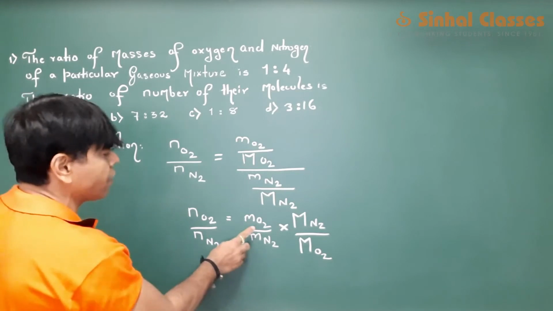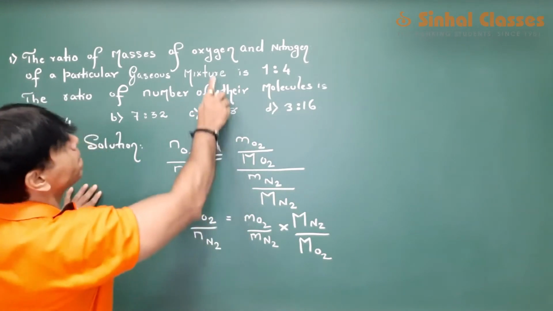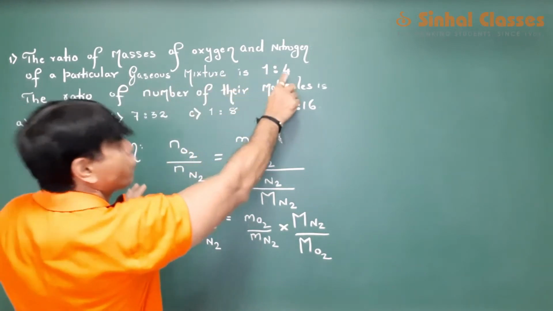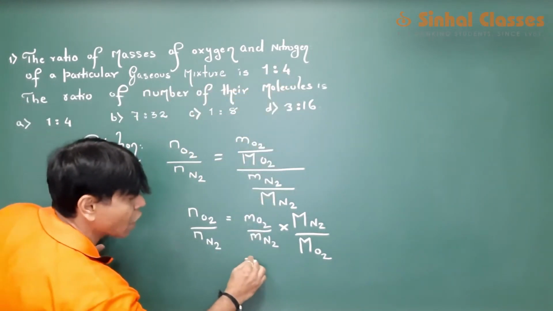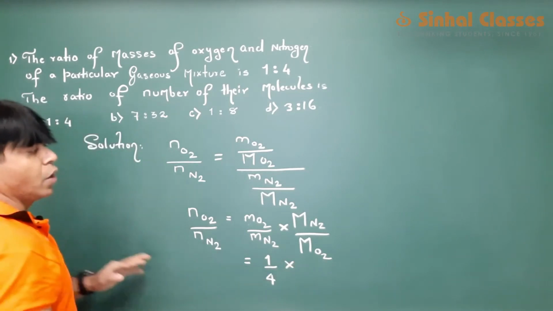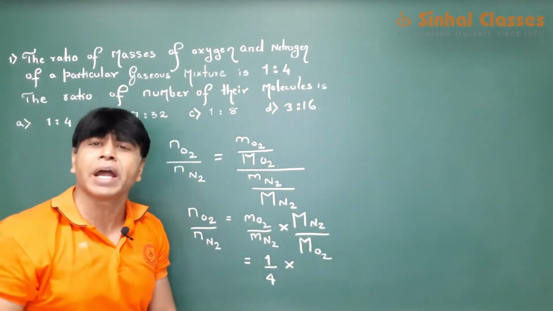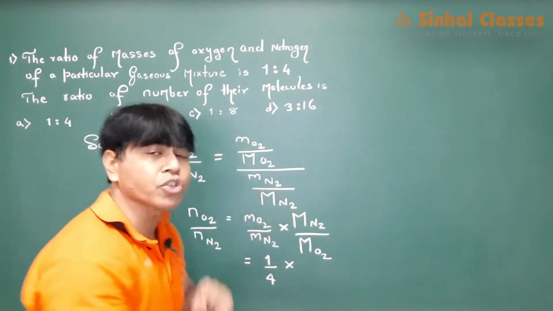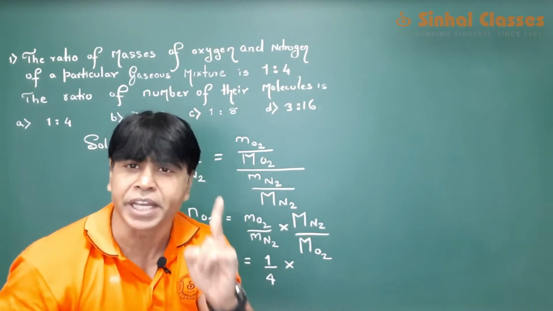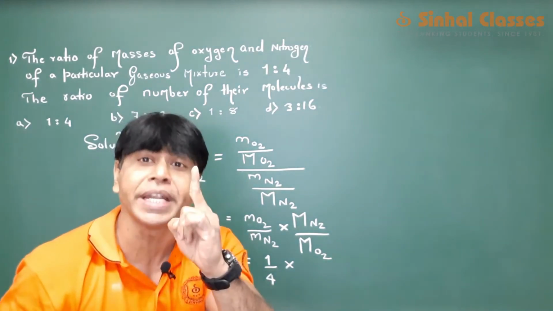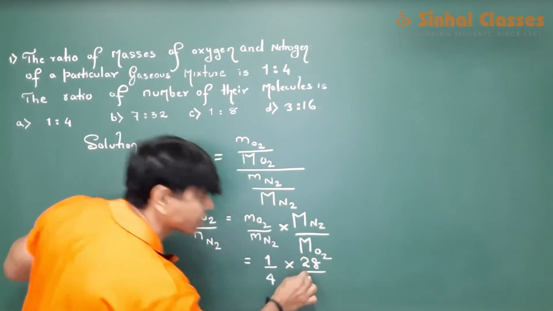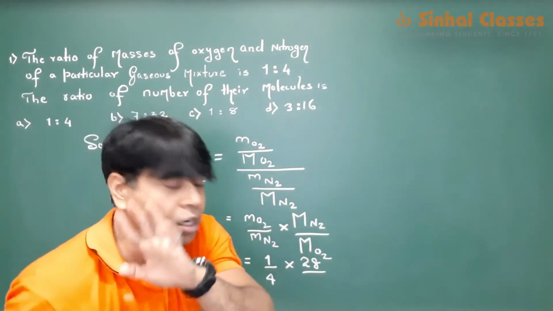Now substituting the values which they have given us, the mass of oxygen and nitrogen is given as 1:4. So this is 1/4 into, what is the molar mass of nitrogen? Molar mass of nitrogen is 28, everybody knows. See, N is 14, N2 will become 28. O is 16, so O2 will be 32.